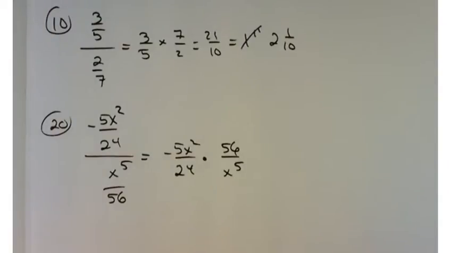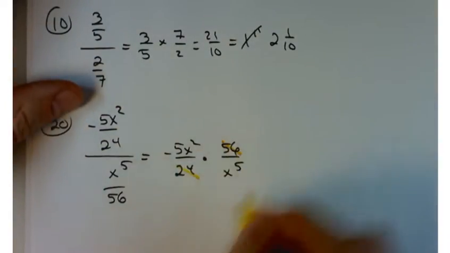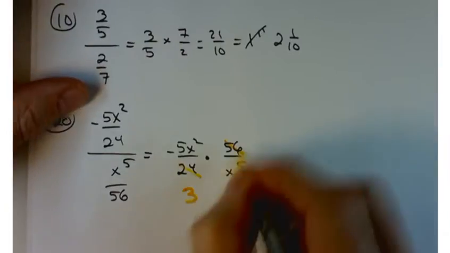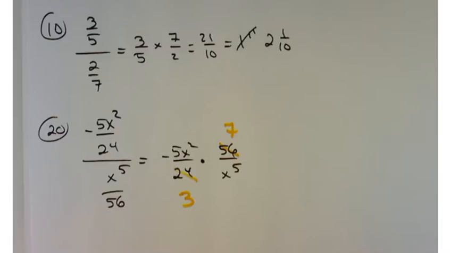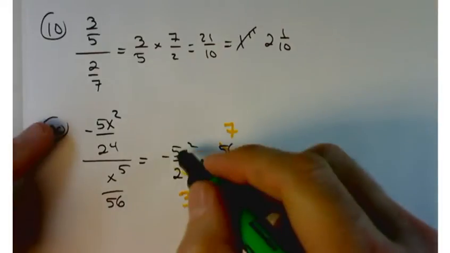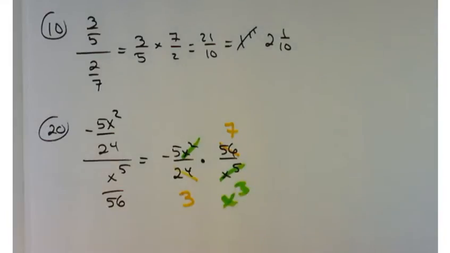As far as cleaning this up is concerned, let's see. I think there's some things that evenly divide both of these. 8 goes into 24 3 times and into 56 7 times. We share some x's. 2 of them cancel out here, leaving me with an x cubed here.